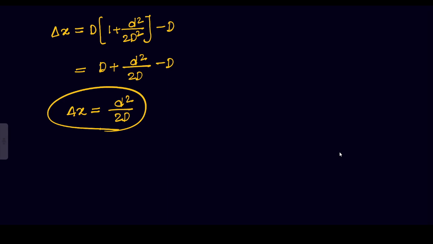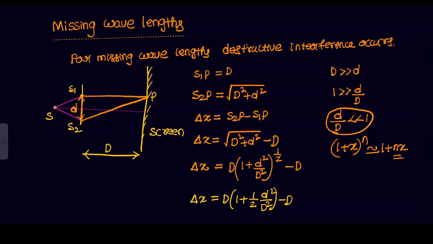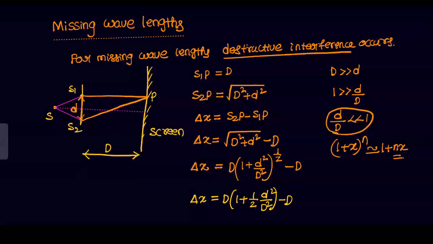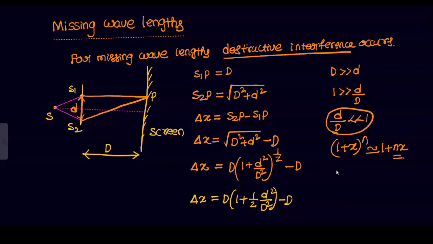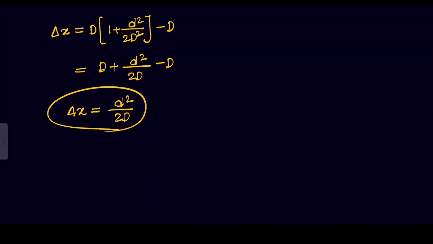Now we need to find out the missing wavelength. For missing wavelength, what type of interference has to happen? It should be destructive interference.